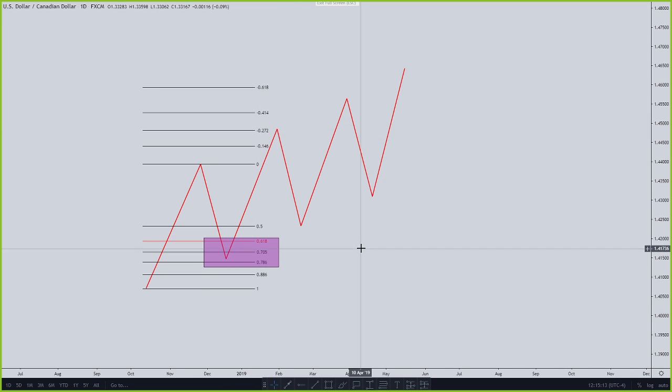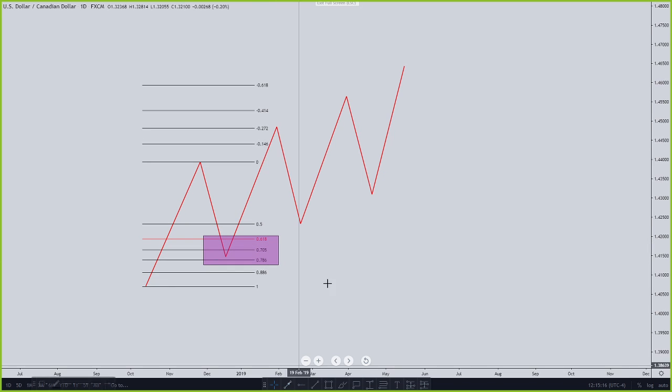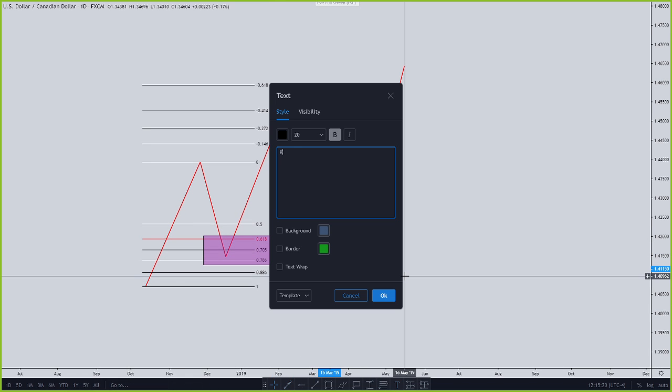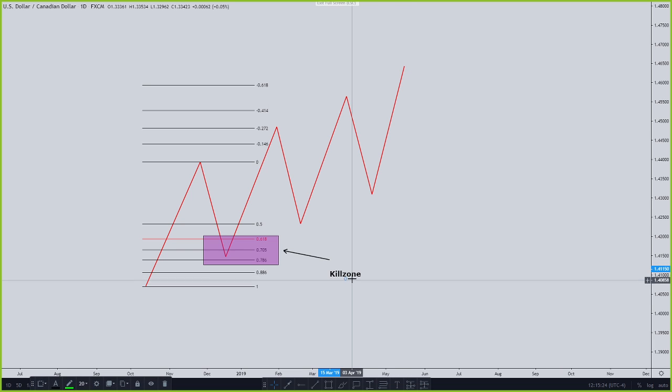With the fib, this is what we call the kill zone. I'm going to label this for you guys. The kill zone is typically where we will see price come to, whether it's on the line chart or the candlestick chart. We will see this retracement into the kill zone before that next move to the upside.